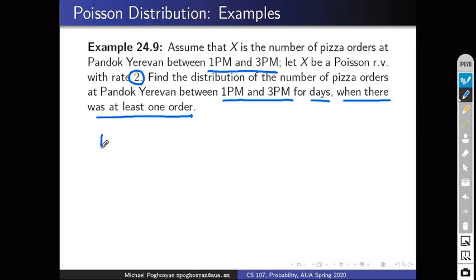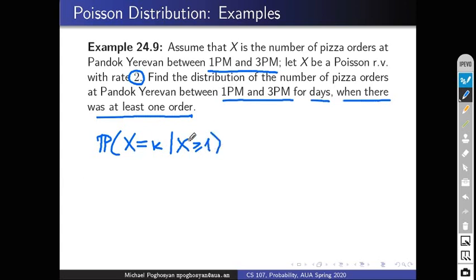So what is the problem asking? We need to find the probability that X is taking the value K, given that we have at least one order.